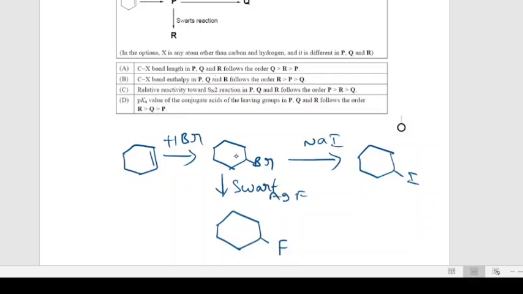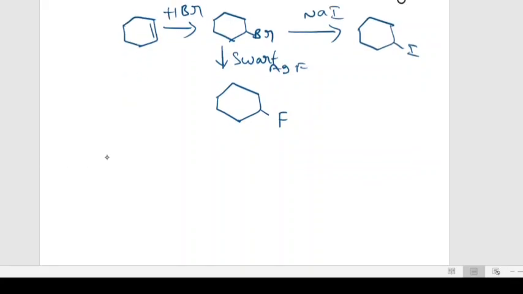Okay. Now, if we consider the C-X bond length and bond enthalpies, we know already that the C-F bond is shorter when compared with C-Cl, C-Br, and then C-I.